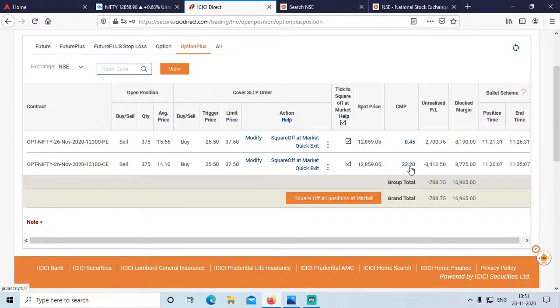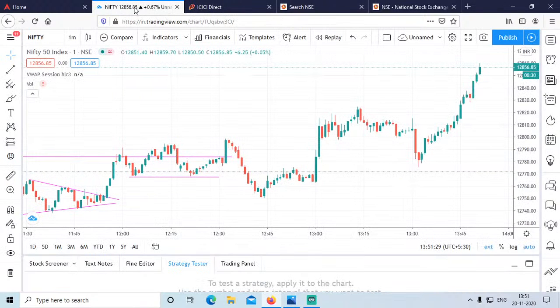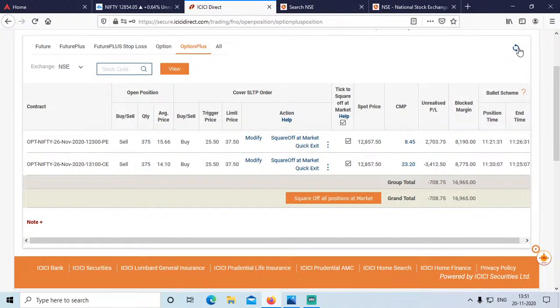This price keeps on increasing, but this 8 rupees is not reducing. We are at a little risky status because the market is moving upward. For sure we are at great risk.